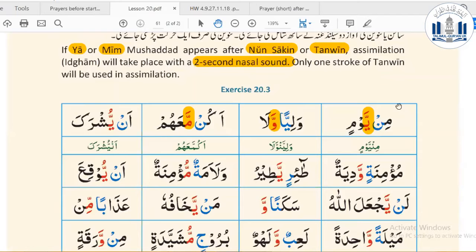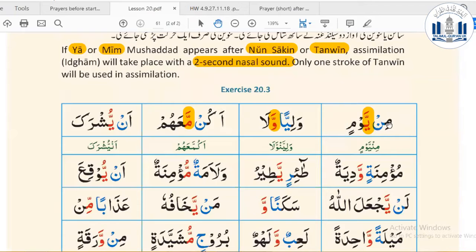Okay, so I would produce a sound of, listen carefully, Miya. Okay, so whilst I'm joining the Mim to the Ya, I'm producing a 2-second approximately nasal sound. Okay, nasal sound means a sound that is emitted from your nose. Miya.